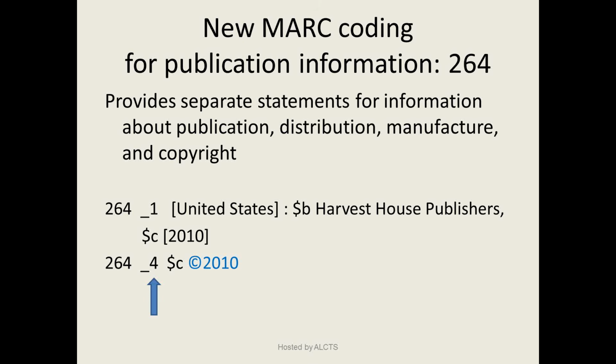RDA has separate elements for all of these, for production, distribution, manufacture, copyright, in addition to publication. So now MARC allows us to make different statements about different functions, and it does this with a repeatable 264 field where the second indicator tells you what kind of statement it is. Second indicator of 1 is a publication statement. Second indicator of 4 is the copyright notice.